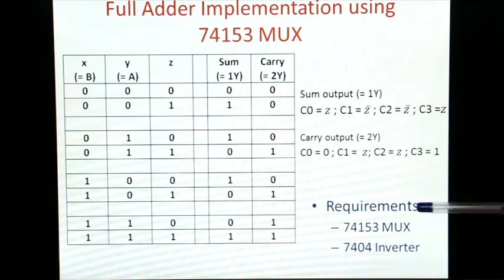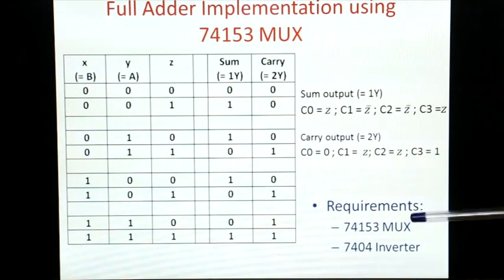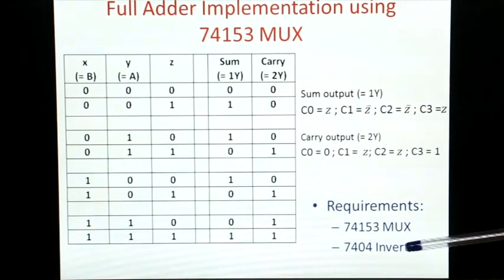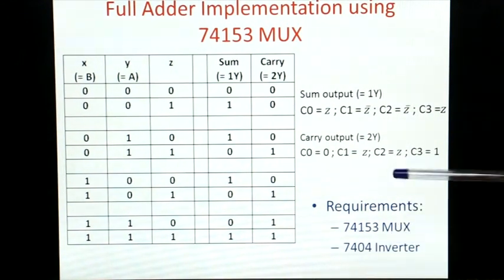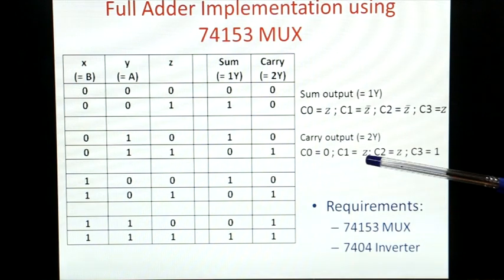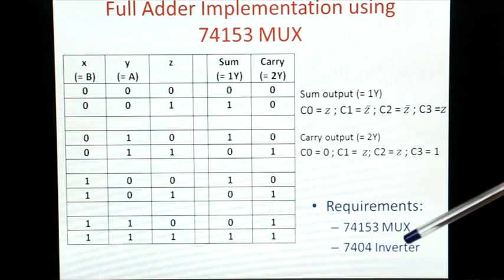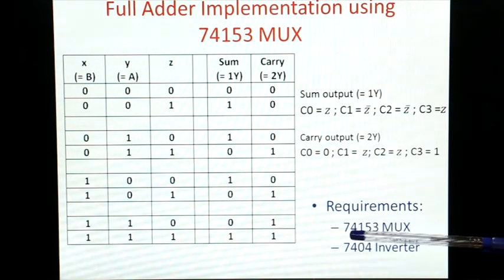The interesting thing to notice here is that, strictly speaking, you need two ICs. The second is an inverter used to invert this function Z. But assuming that you have both true and complement already available, you will need only one IC, the 74153.